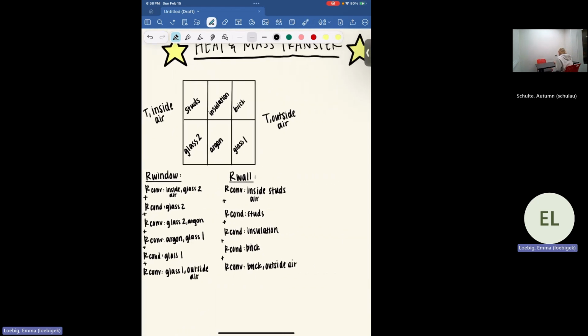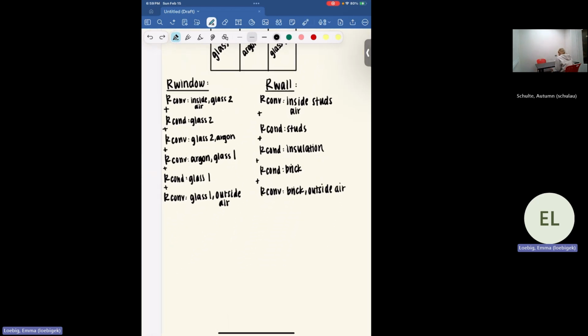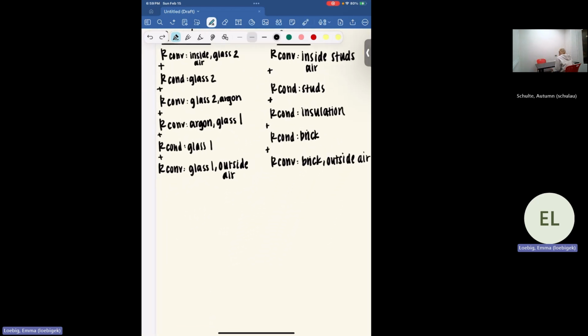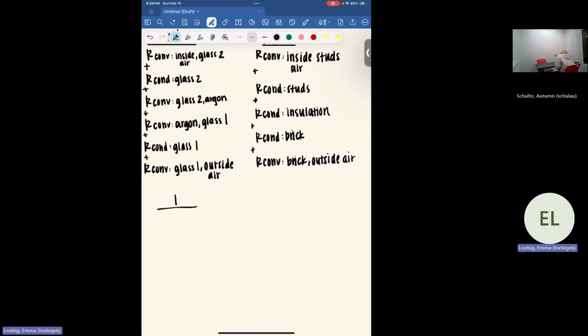And if we want to find the total resistance of our entire process right here, we can see that the wall and the window are parallel to each other. So in order to find the total resistance for that, we're going to have to use our equation for total resistance for something that is in parallel.